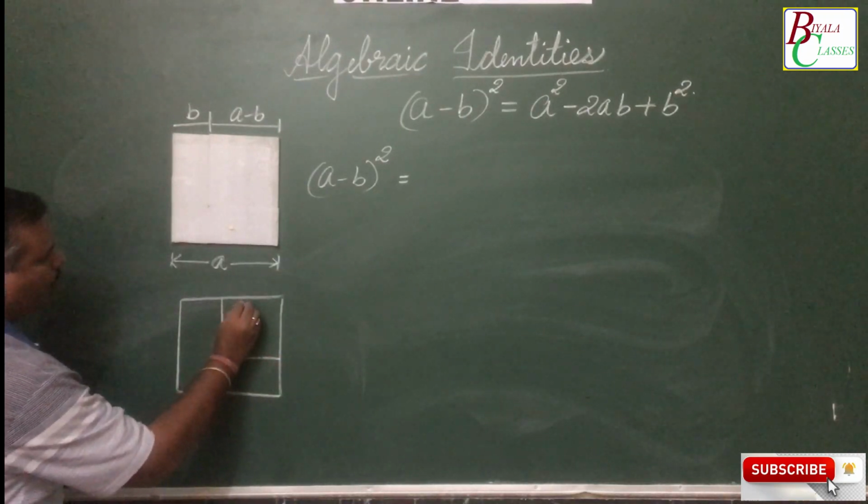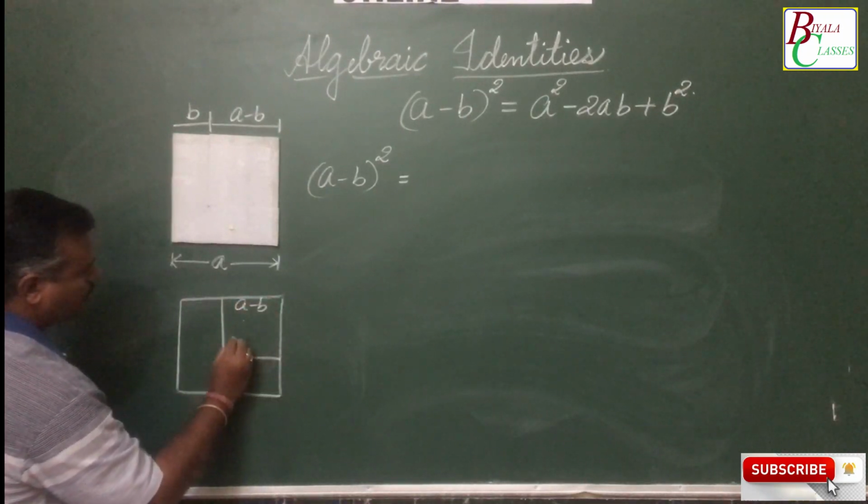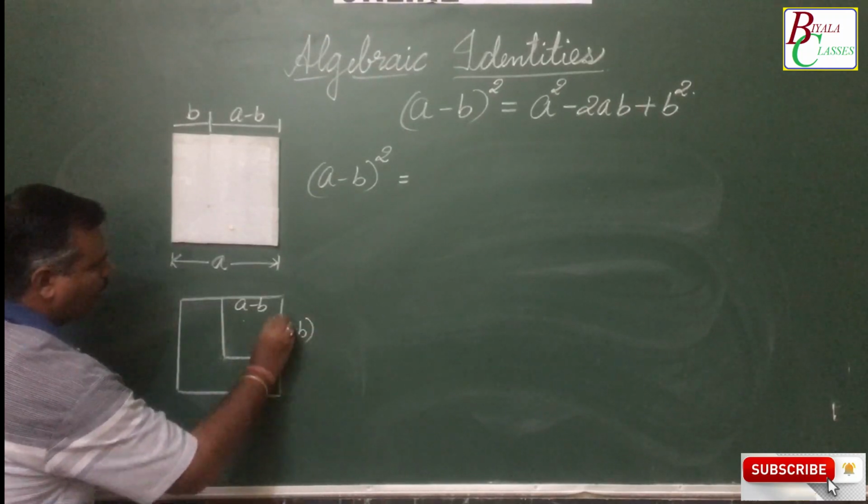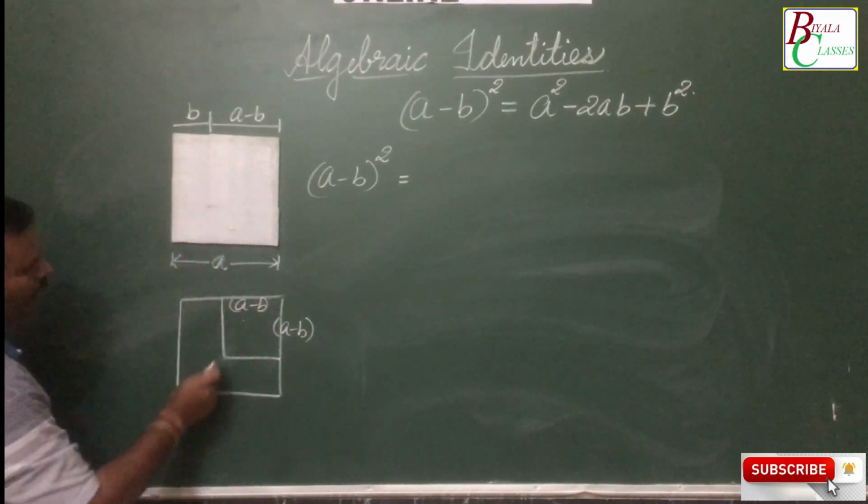So this is a square which we get, which has side A minus B.